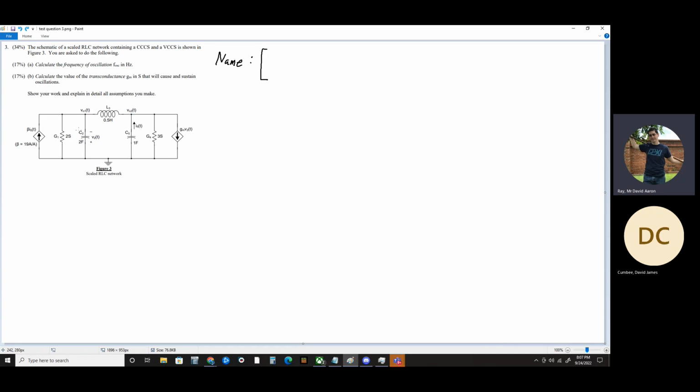Our capacitors are usually 1 over sC2 for impedance, but for conductances, that's sC2. And that's going to be 1 over sL3. And then we're going to have sC2.